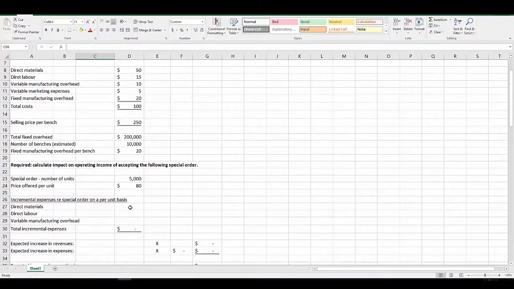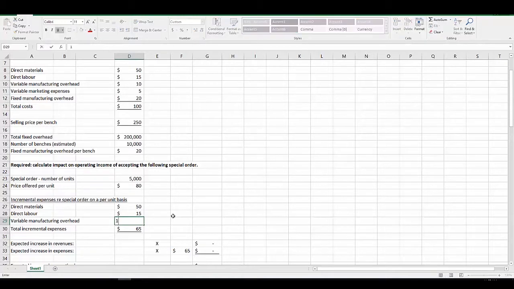To make the 5,000 units, how much is this going to cost? So we have our rate, it's $50 per unit of direct materials. We have our direct labor of $15 and our variable manufacturing overhead of $10. So those are the costs that we have to consider.